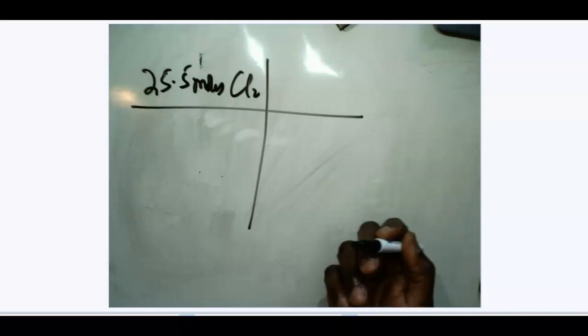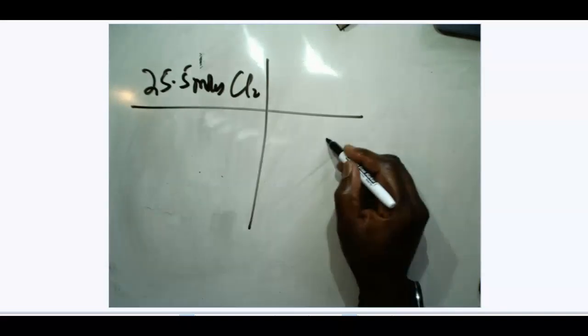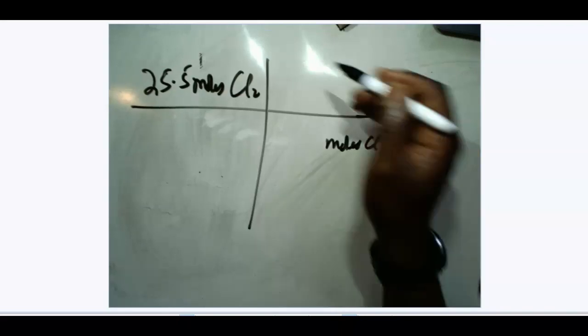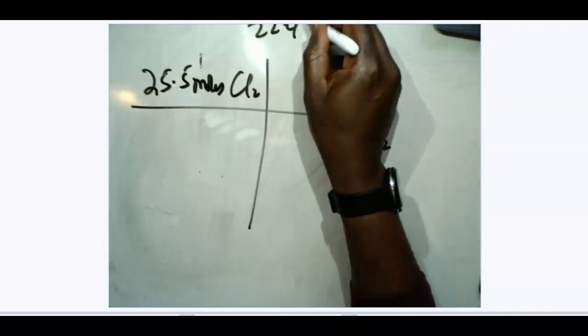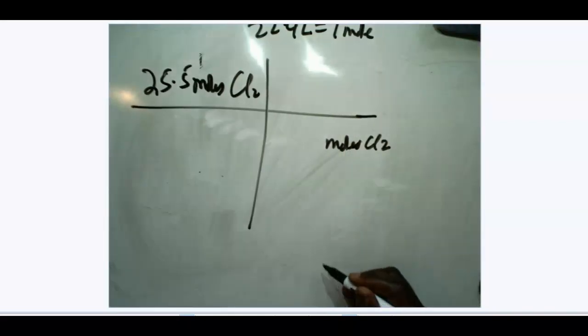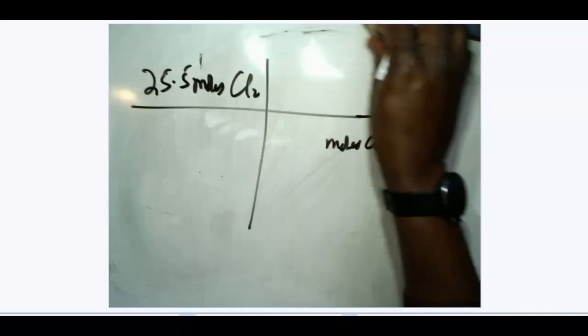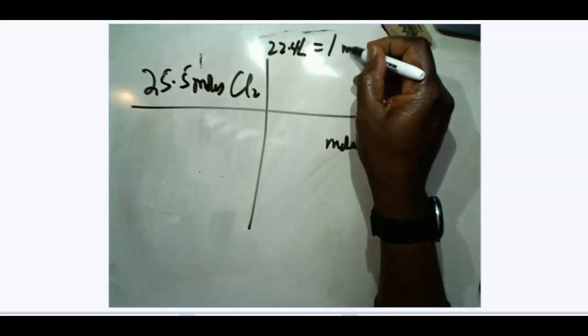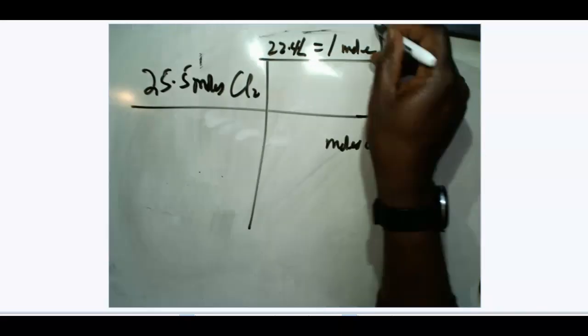I'm looking for liters. So these moles will also be here, moles of chlorine. Since I'm looking for liters, remember 22.4 liters equals 1 mole of any gas.